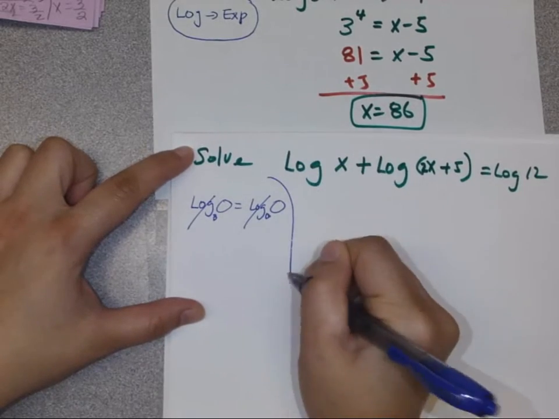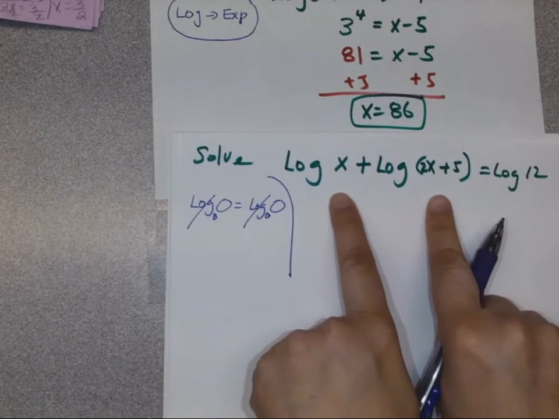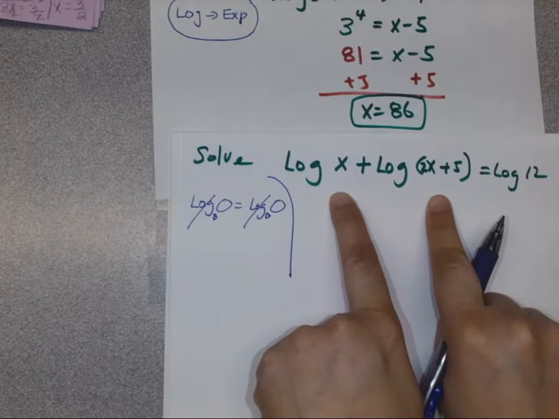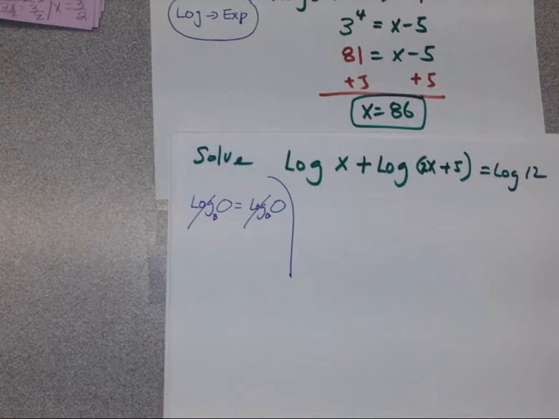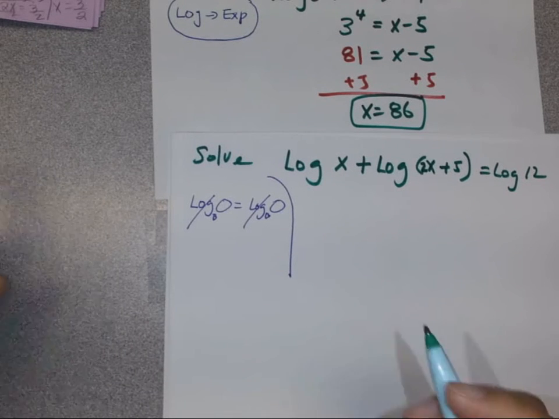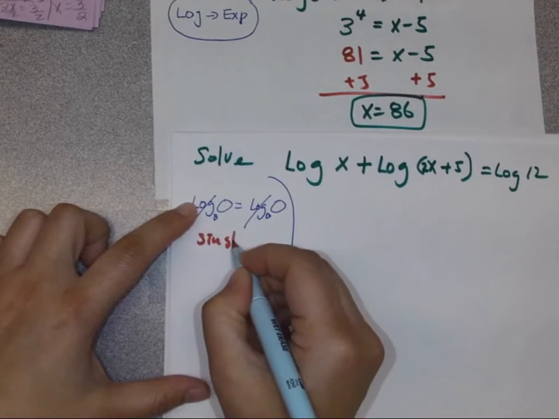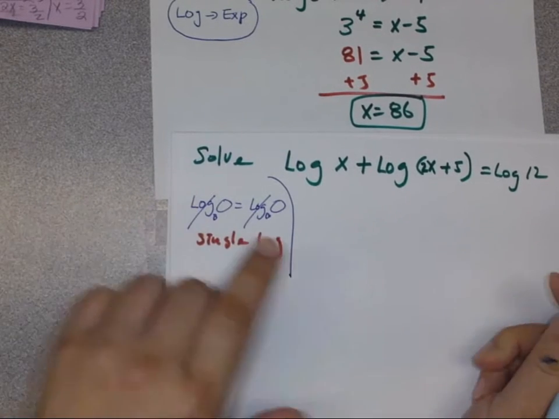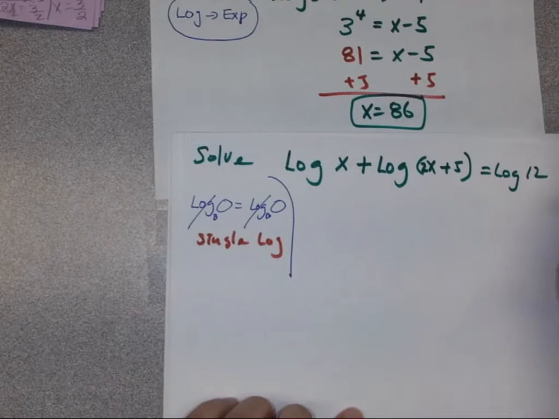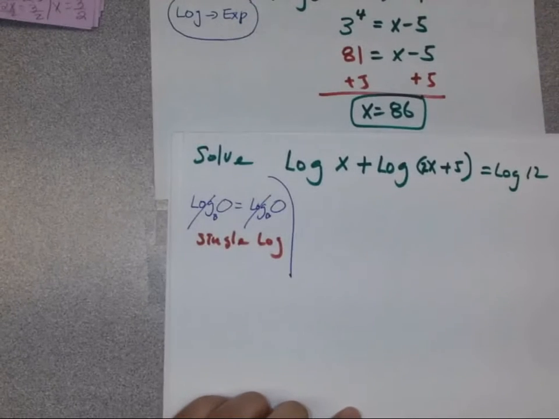So we're not quite there yet because I have more than one term on the left-hand side. So I need to somehow get them together. How do I do that? We somehow combine that, using some of the log properties. What log property can we use? We can write them as a single log. So if I write them as a single log, addition will turn into multiplication.